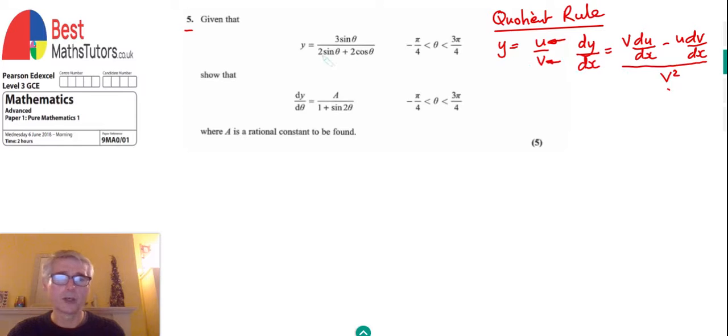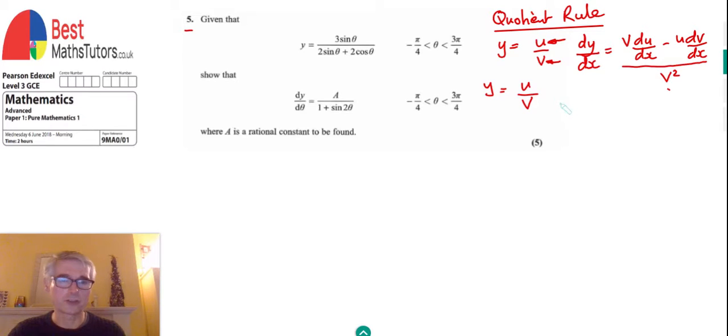So in our case, we have got that, but instead of it being a function of x, we've actually got a function of theta. So our variable, instead of being x, is actually theta. So y is again a function of u, u is a function of theta, and v is a function of theta.